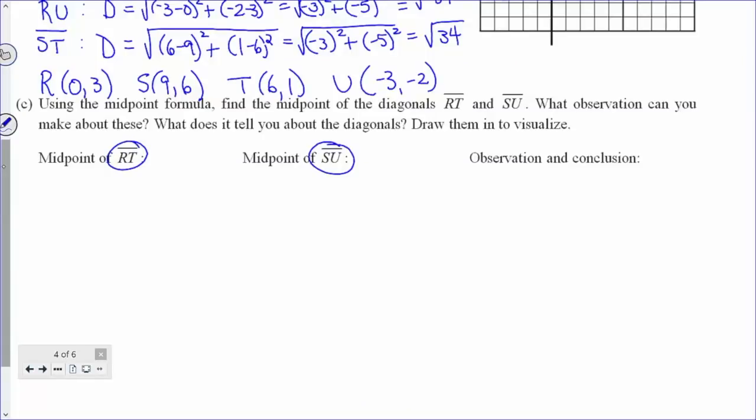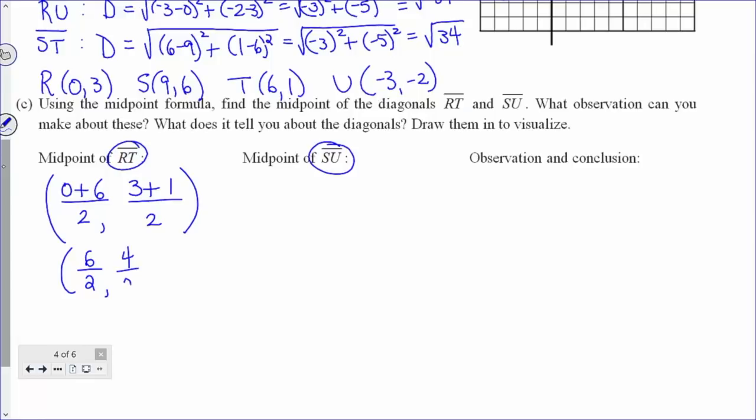So for RT, the midpoint, remember, is the average of the x-coordinates, 0 and 6, divided by 2, and the average of the y-coordinates, 3 plus 1, divided by 2. That's going to give me 6 divided by 2 and 4 divided by 2, and the midpoint of RT is (3, 2).